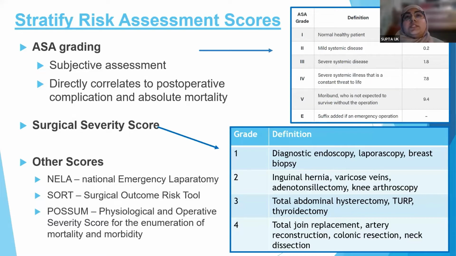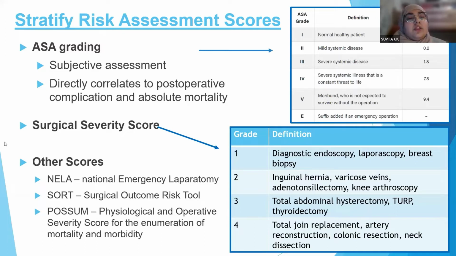It's really important, not just for the anaesthetist, but also the technicians, operating staff and nursing staff, so that they can prepare the right equipment and any other equipment that they may need if anything were to go wrong. It's a subjective assessment, and it's evidence-based, so it directly correlates to post-operative complications and absolute mortality, which is why there's such a stress of importance for it.